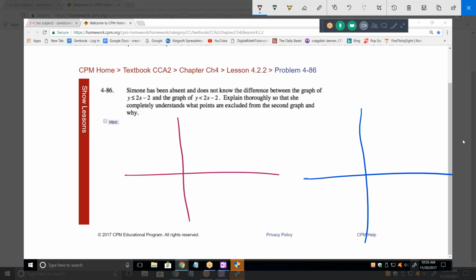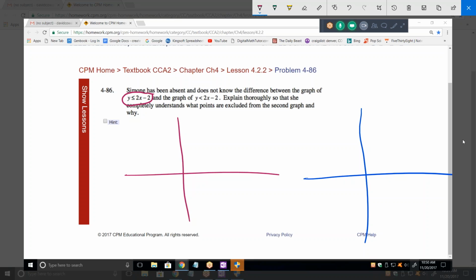First of all, how do I graph this right here? Two steps to it. First step is to graph it as a straight line. If I was going to graph that as a straight line, how would I do it?